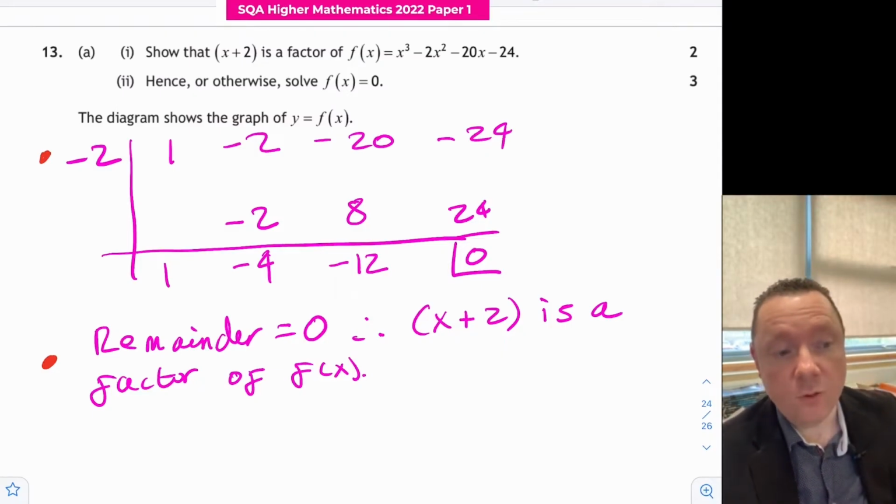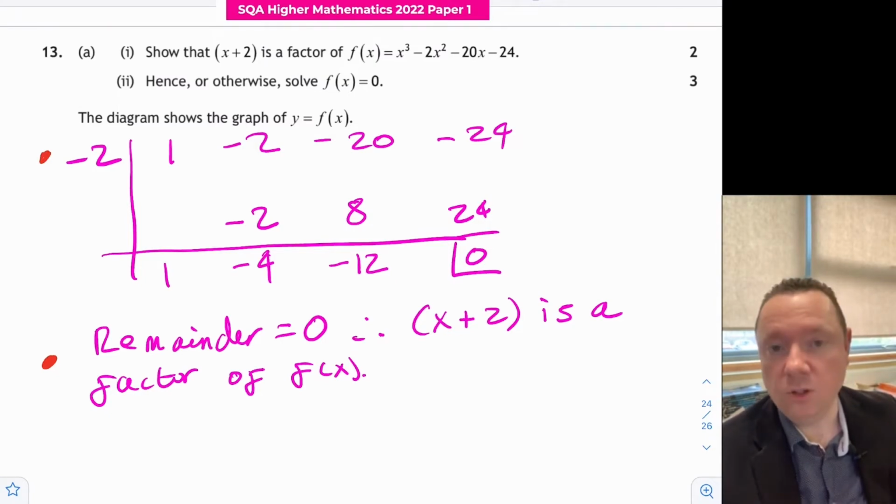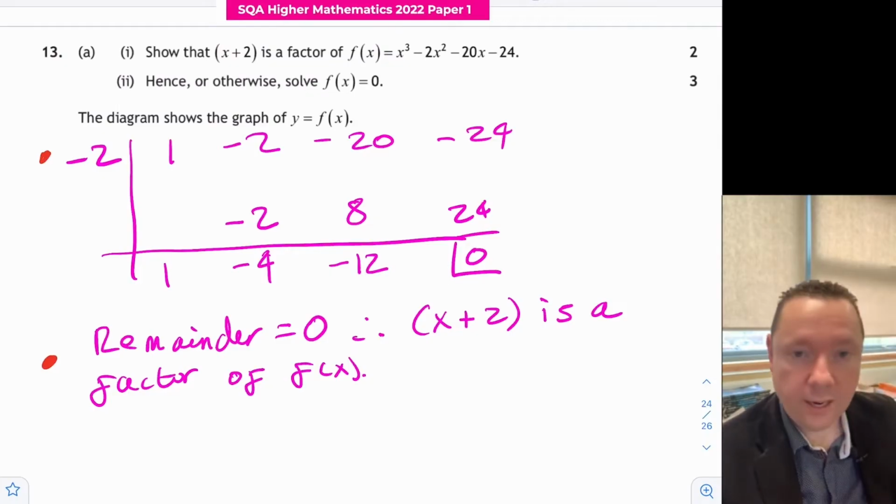If you had done it the other way by substituting minus 2 in directly, then you would still get an answer of 0, but you would say that since f of minus 2 equals 0, x plus 2 is a factor. So it's the same way.